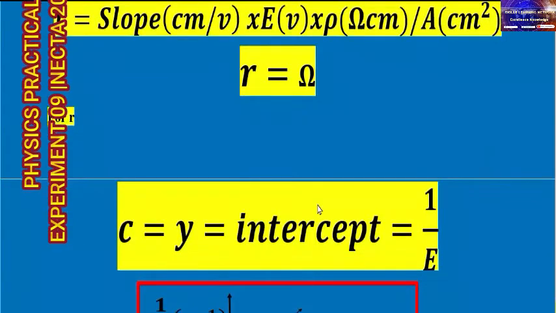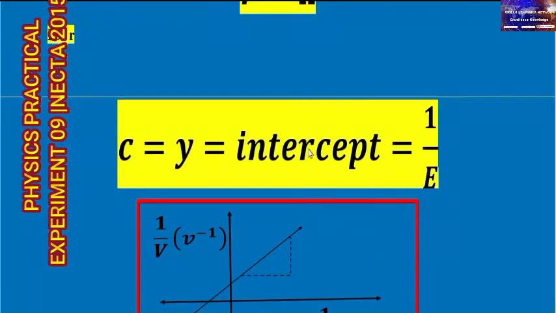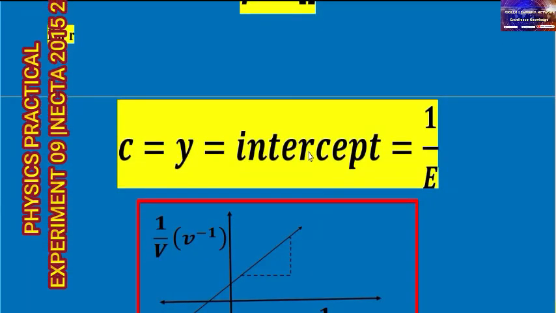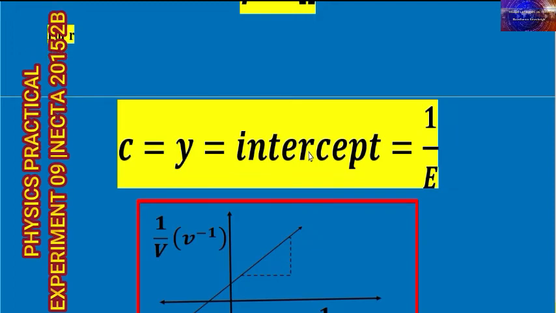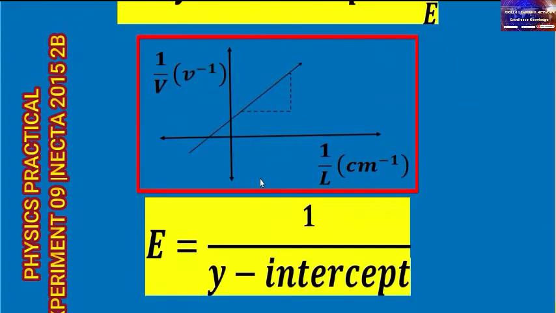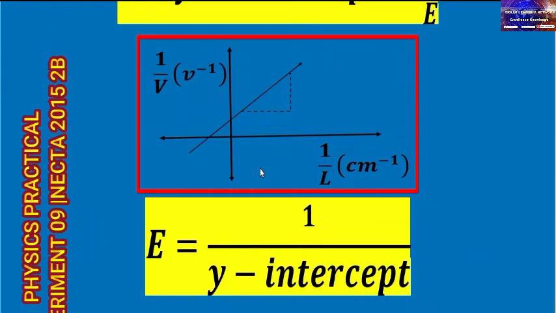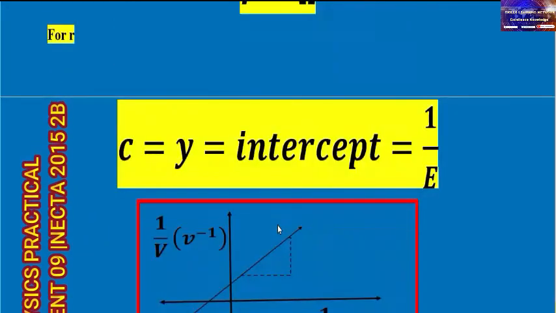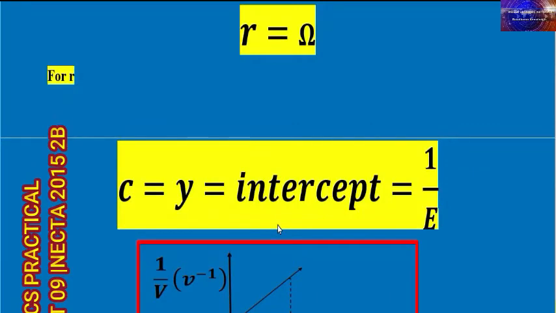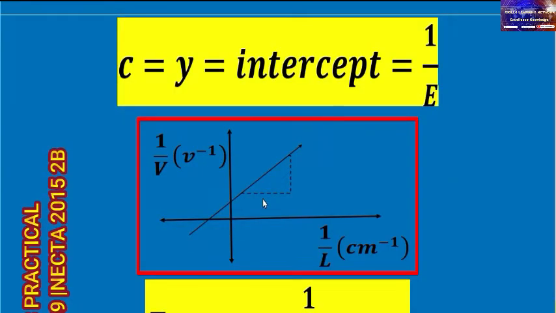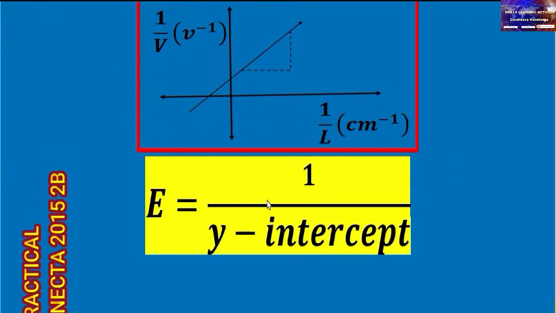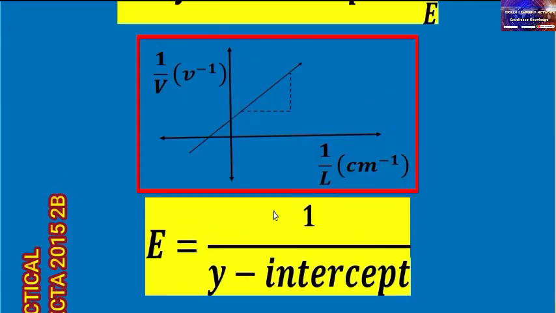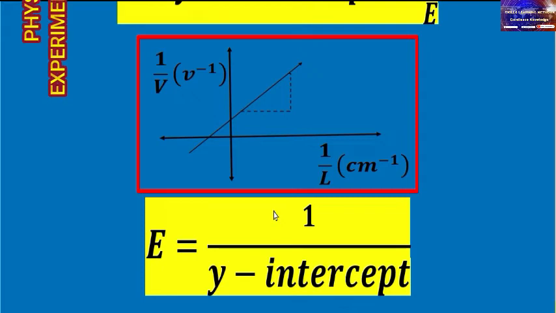The value of EMF is obtained from the y-intercept, when you see that is our graph. So EMF is equal to the reciprocal of the y-intercept, and physically the reciprocal of the y-intercept represents the electromotive force, or EMF, of the battery or of the cell.